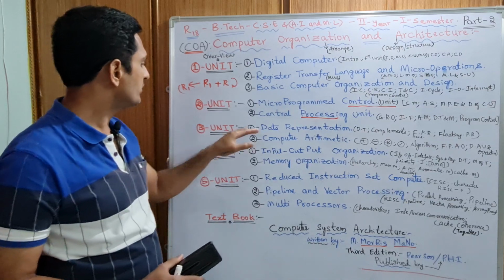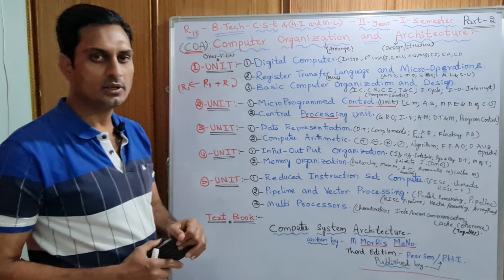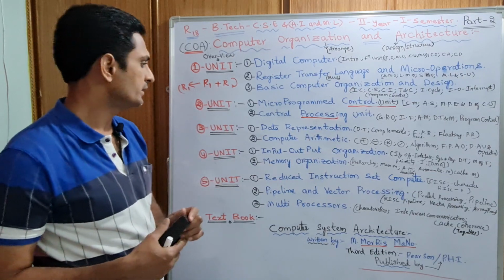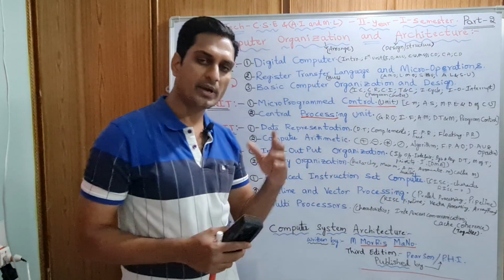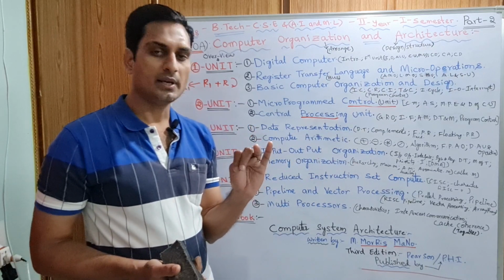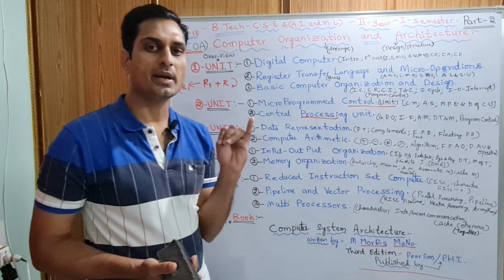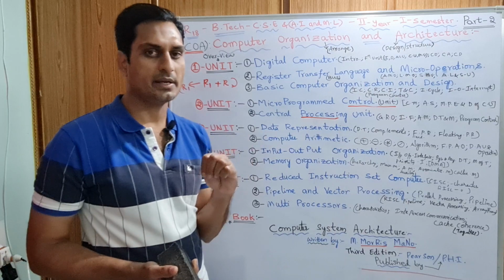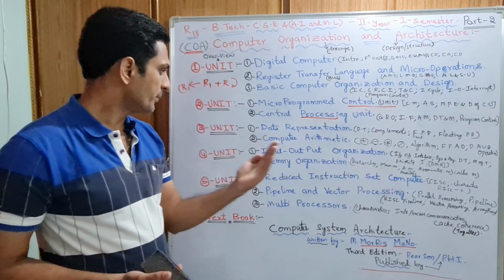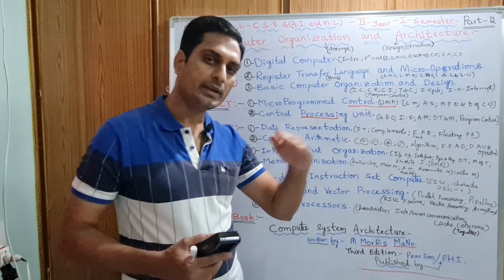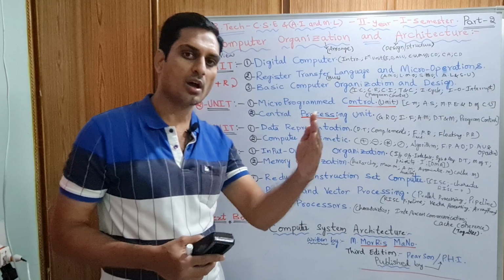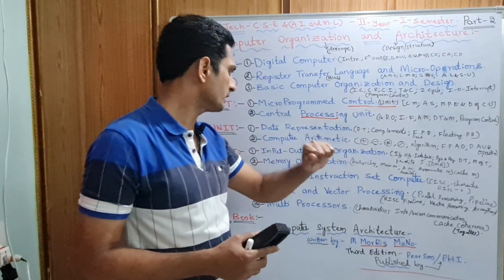In the third unit, we have data representation. How data is represented, zeros and ones, how they are represented inside. Here data types, right, binary information only. We have hexadecimal, decimal with 10 digits, hexadecimal meaning 16, binary meaning 2, octal meaning 8. These 4 number systems will be there, how they are represented and how they are interchanged from one system to another, binary to octal, octal to binary, that we will discuss here.